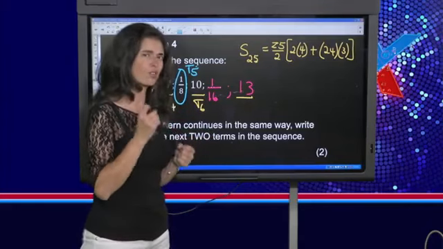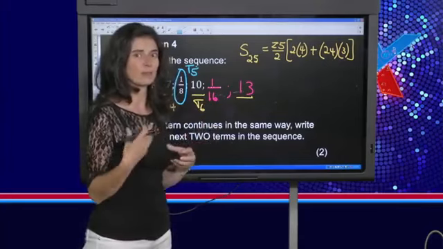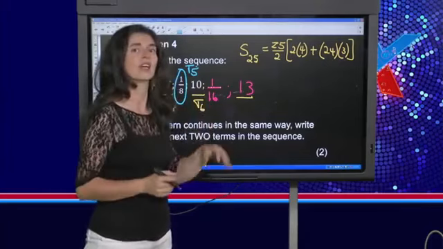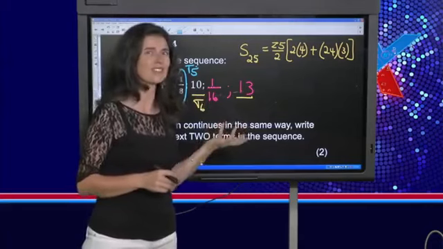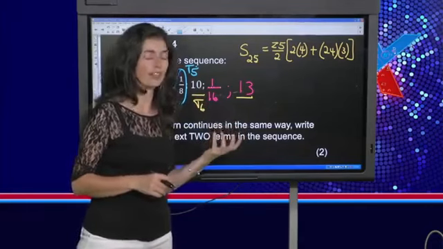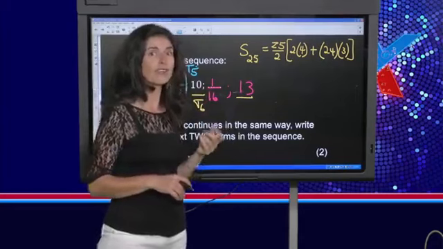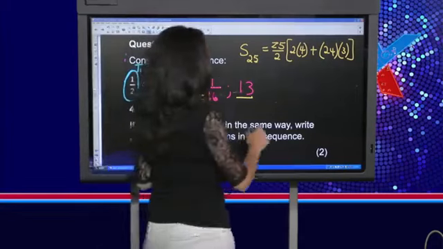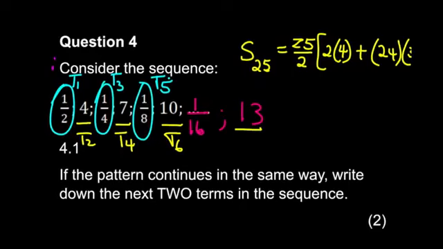Really take extra care. Is my difference negative? Is it positive? If it's negative, remember to use brackets, because it's a very easy section to work with numbers. It's really not abstract. It's quite practical. But we can make a lot of little careless errors, so we've got to really pay attention to our accuracy. So that would be 25 over 2 into 8 plus 72.